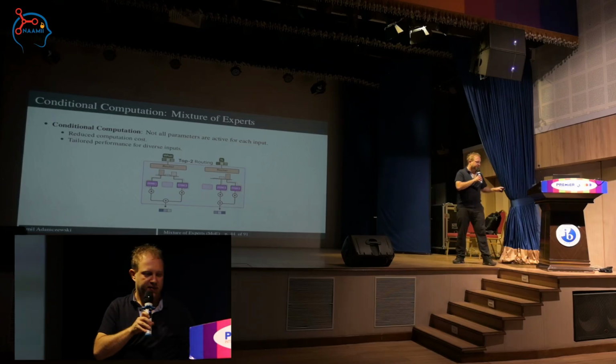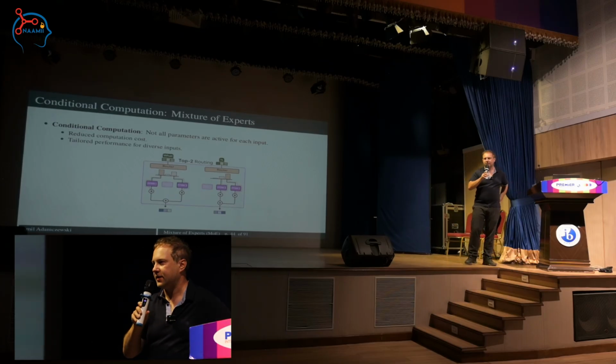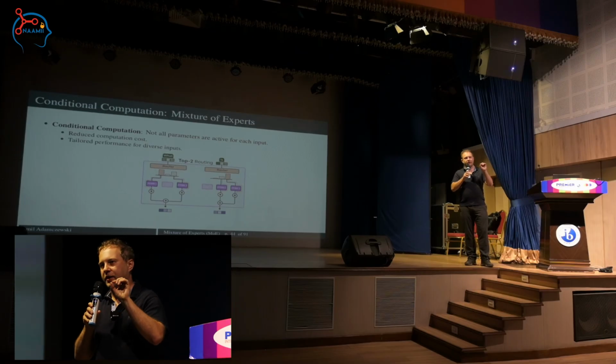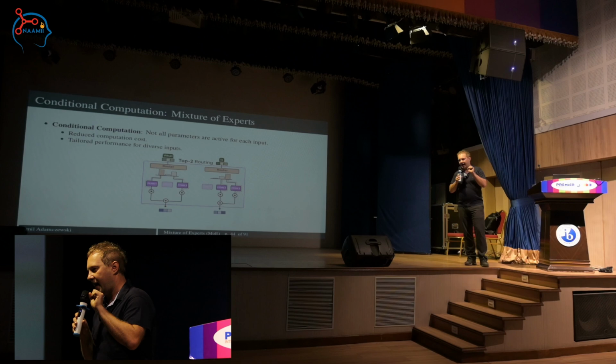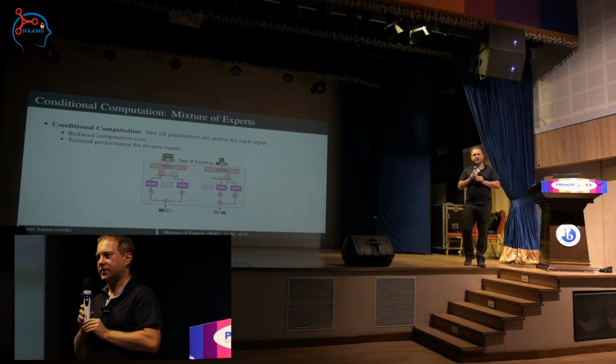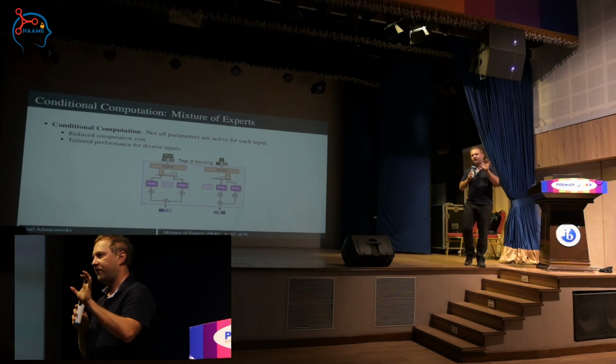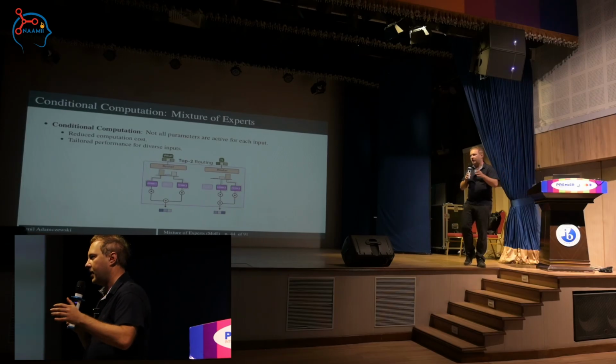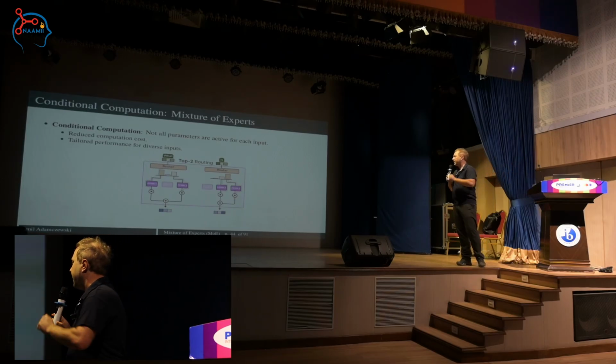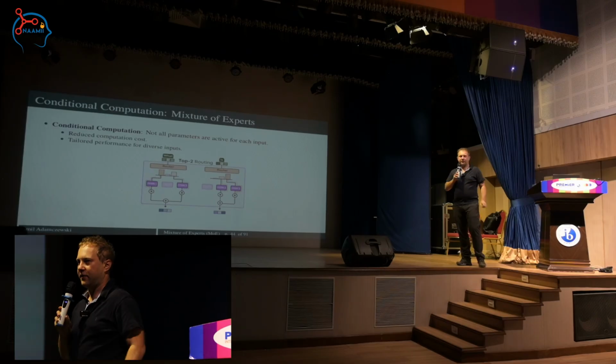So as a side note, I'm sure you noticed, but I just want to emphasize it. Basically, what happens is that for each input, we will activate a different set of experts. So we will have maybe 8 of them, but for the token "walk", we will activate the first and third.